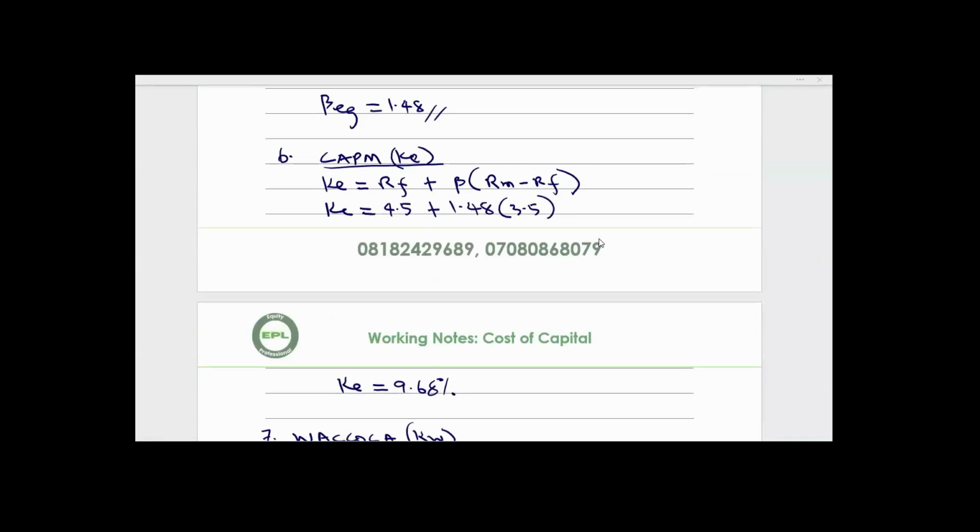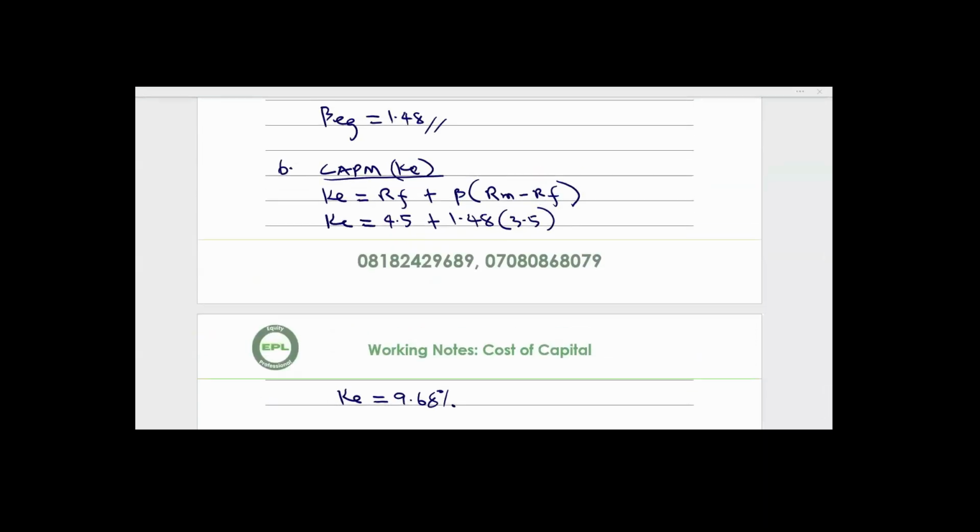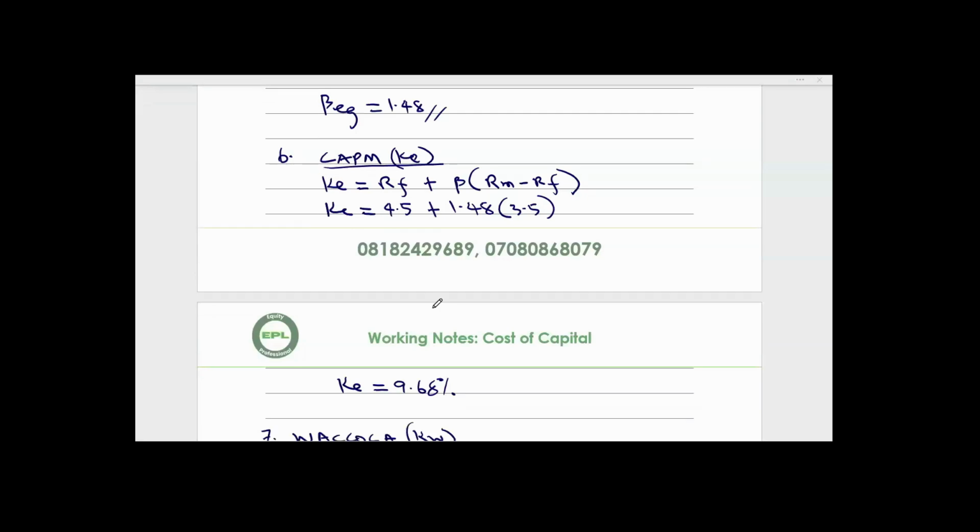In the question, the examiner told you that the market risk premium, the equity risk premium, is 3.5%. When I was giving you the note last week, I defined the variables for you.